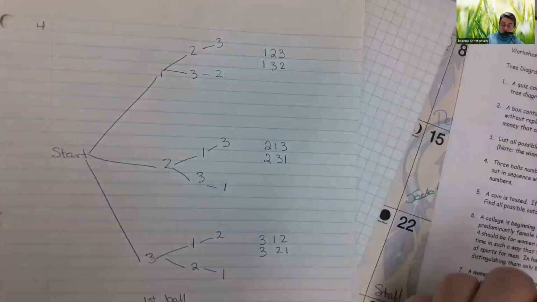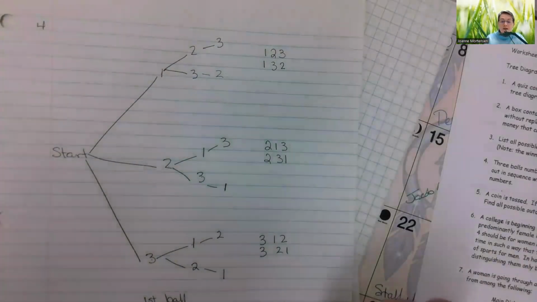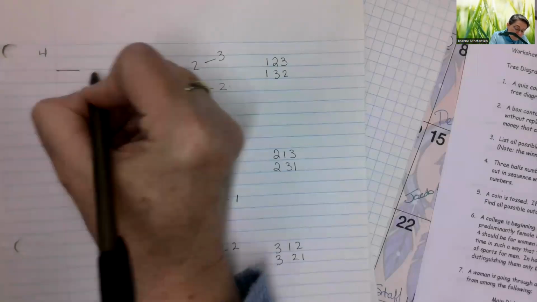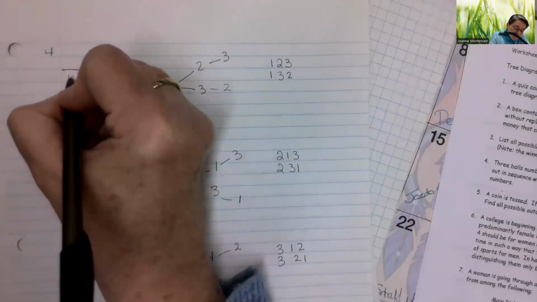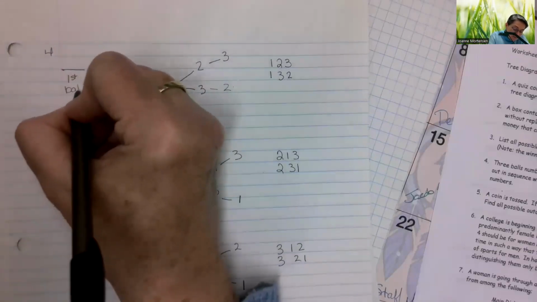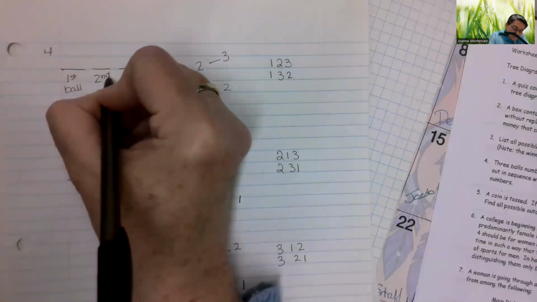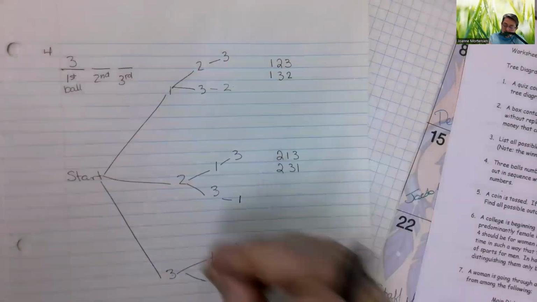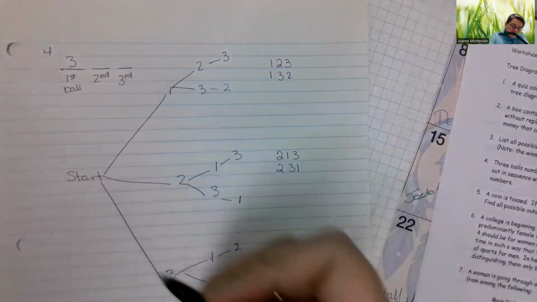If we wanted to not draw a tree diagram and just figure out how many instead of what the actual combinations are, you would just go 1, 2, 3. What are we doing? 3 balls. First ball, second, third. So there's 3 choices when I start. I pull 1 out, can't put it back.